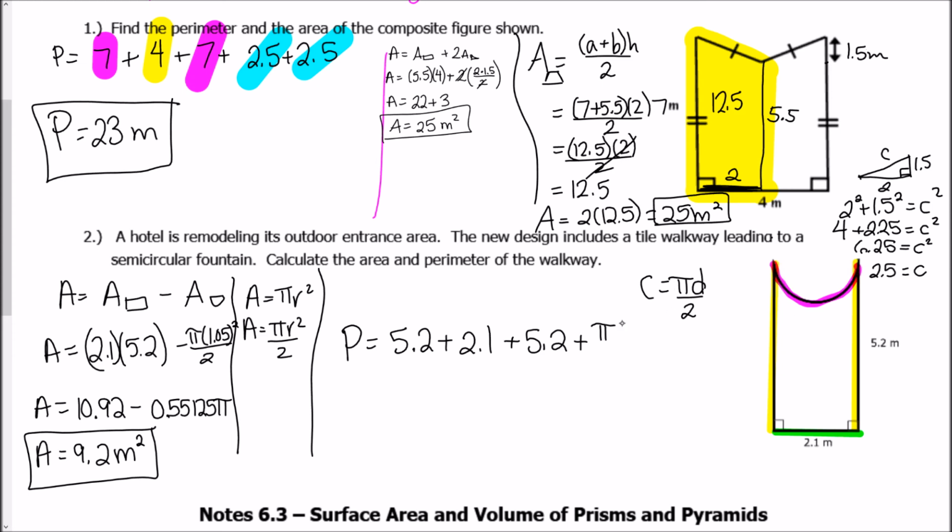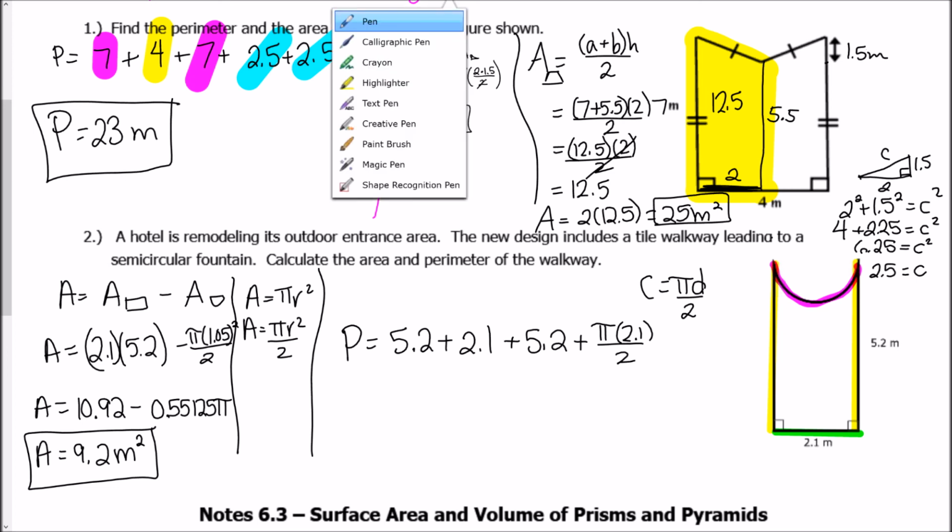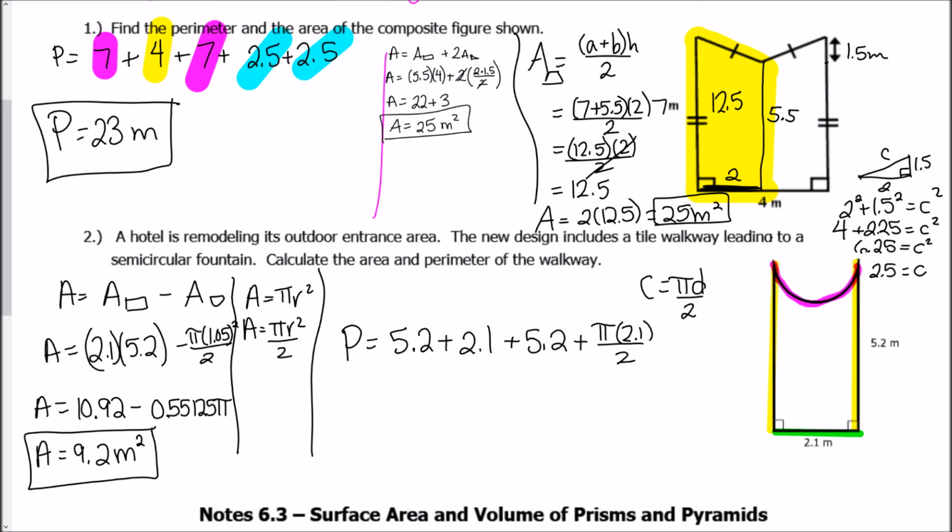So I'm going to say pi times the diameter, which is 2.1, divided by 2. Again, it's your yellow segment plus the green segment, plus another yellow segment, plus this pink semicircle here, okay?